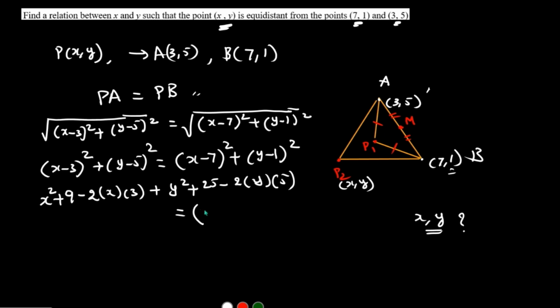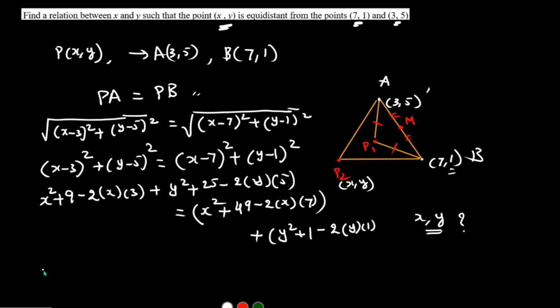The right side is x square plus 49 minus 2 into x into 7, plus y square plus 1 minus 2 into y into 1. Let's simplify this further.